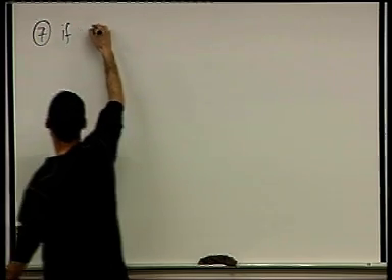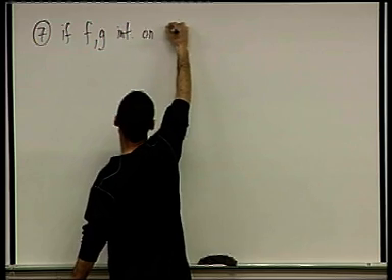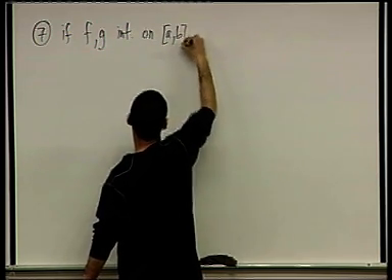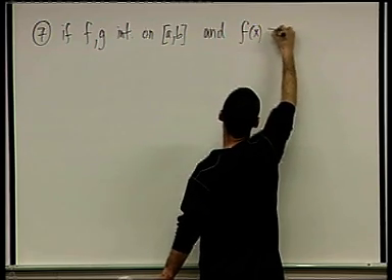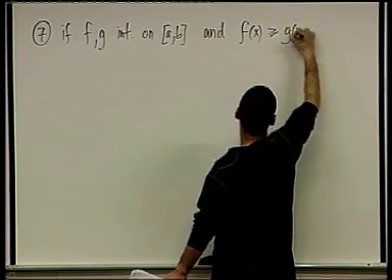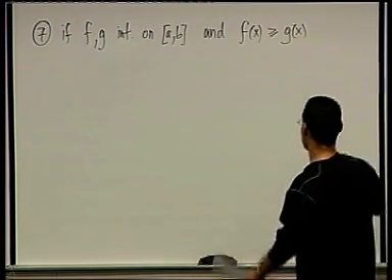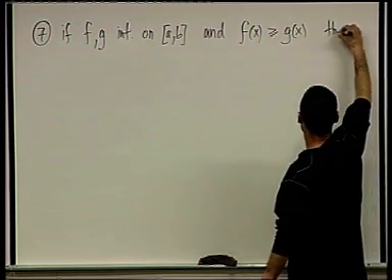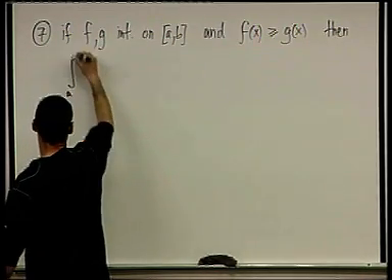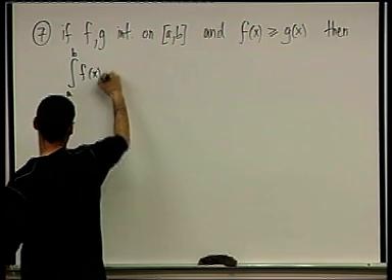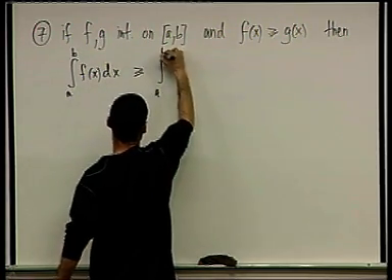If f and g are integrable on AB, and f is greater than or equal to g, then the integral of f is greater than or equal to the integral of g.